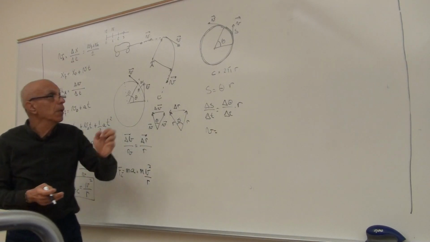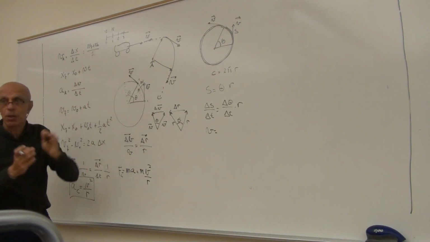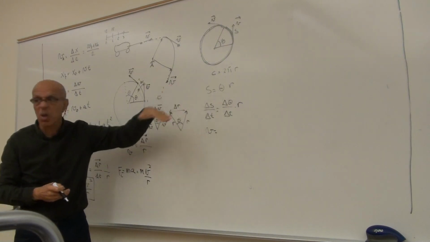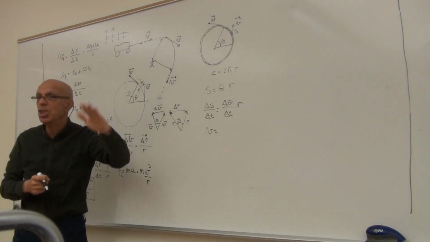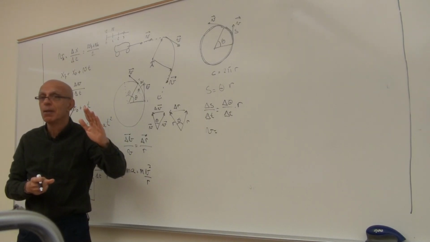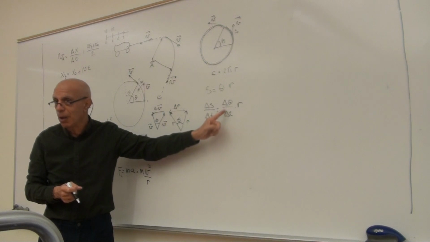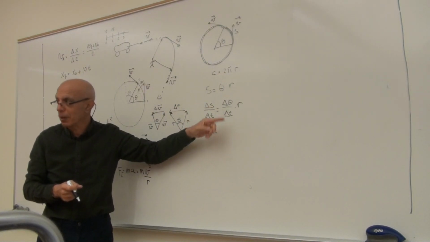You see, when we talk about linear motion, we talk about linear displacement, and that is the speed. Now here, we talk about an angle that is changing, the change of the angle, the speed of change of the angle.